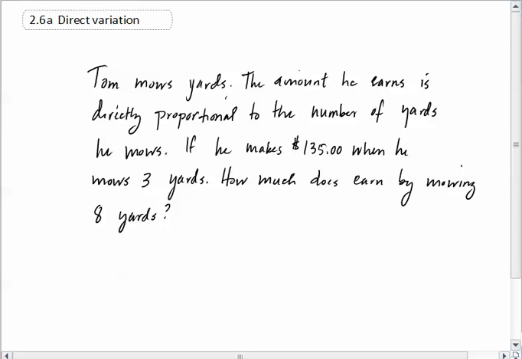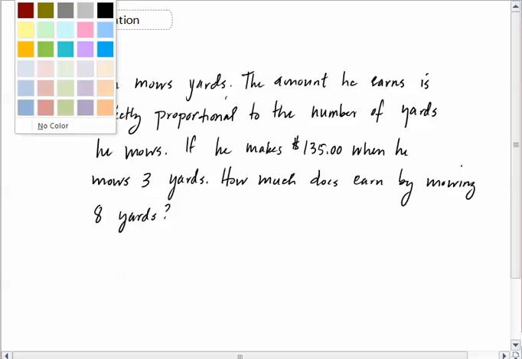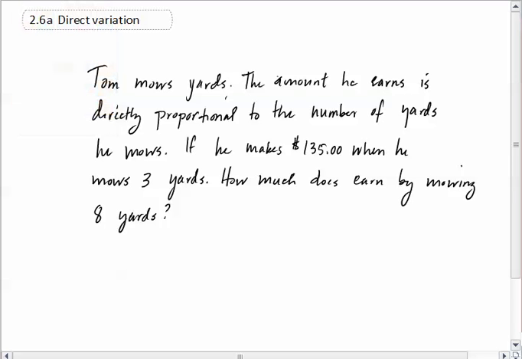So this part right here, it says the amount he earns is directly proportional to the number of yards he mows.